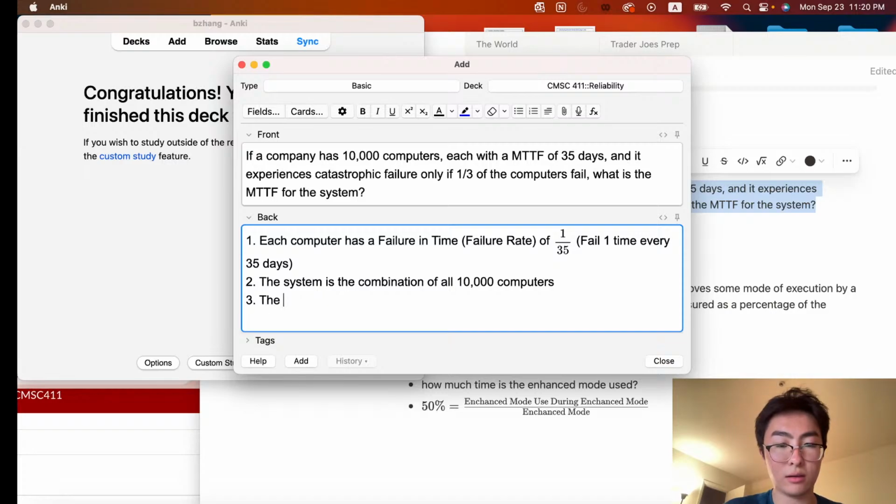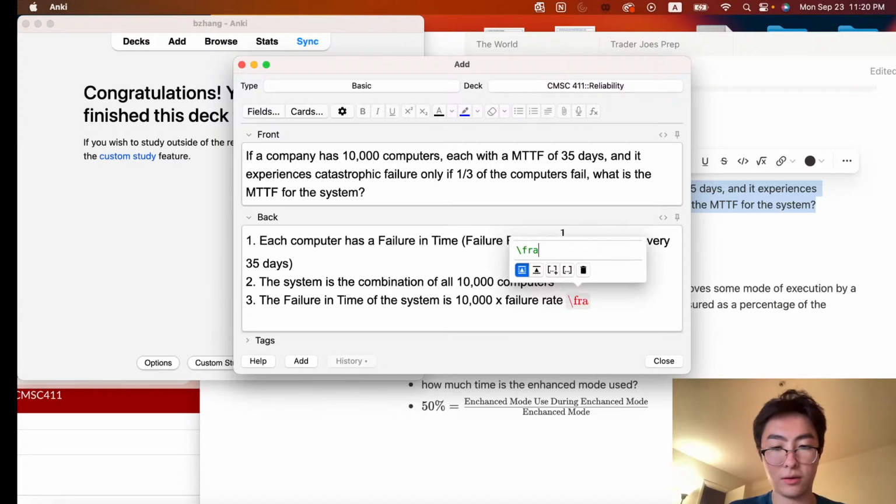The failure in time of the system is 10,000 times failure rates.